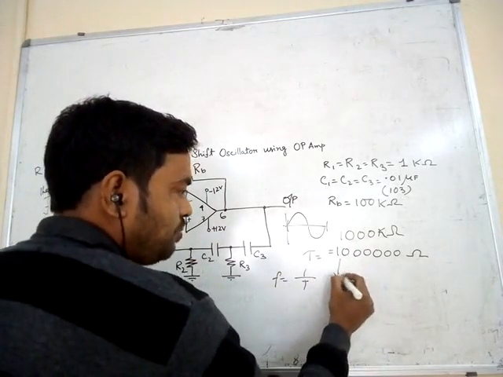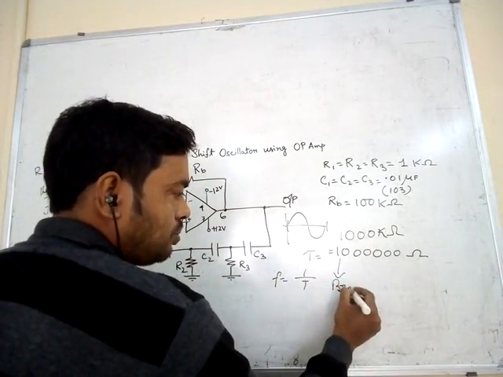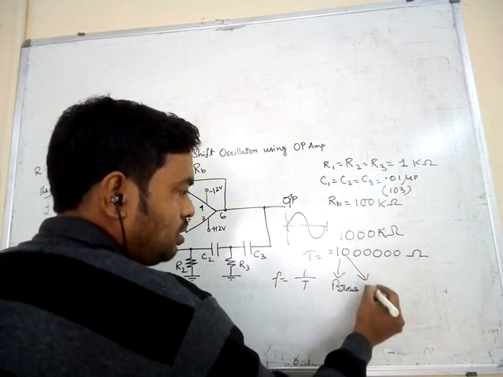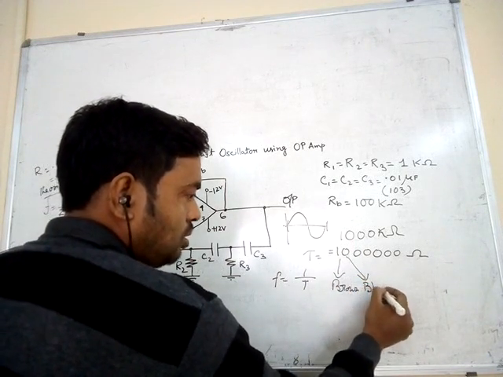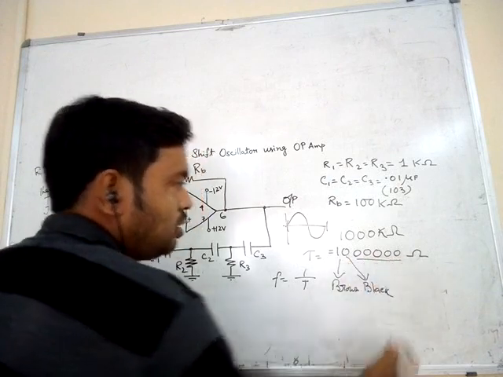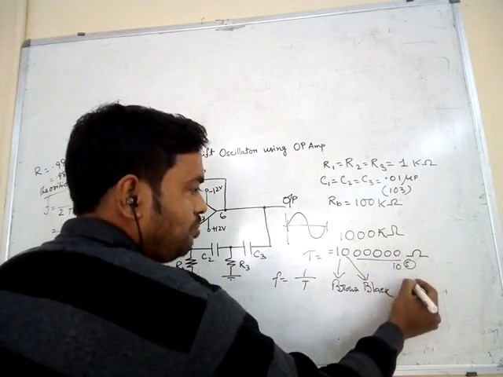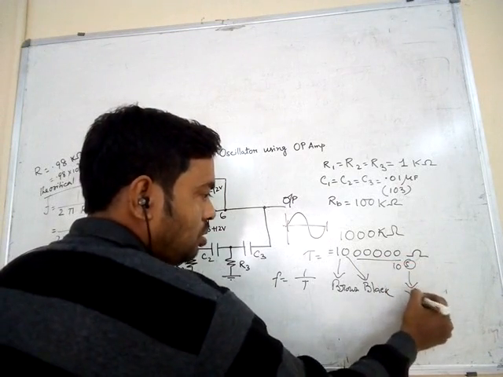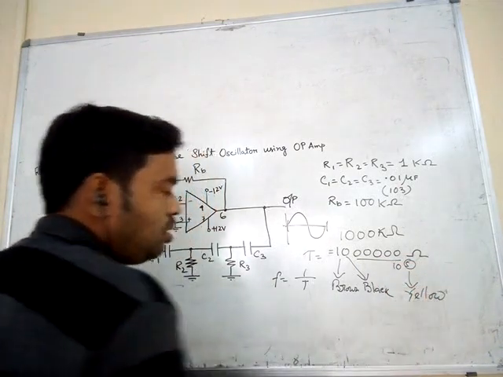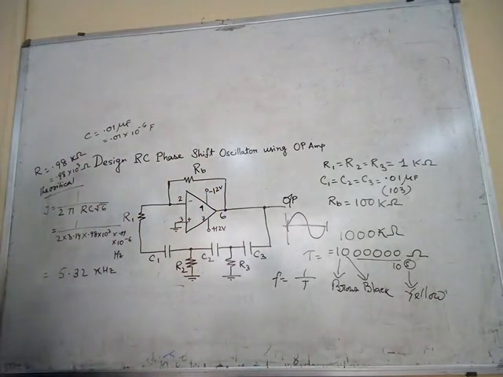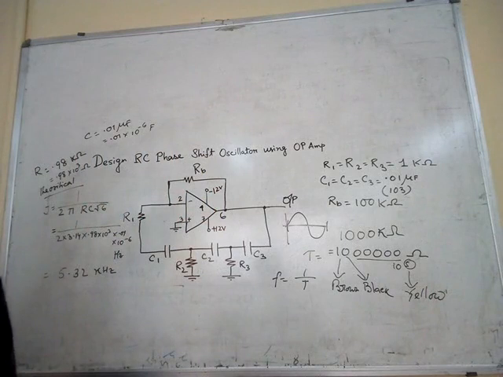So the first band is brown, the second band is black, and there is 10 to the power 5. So 5, we know, is yellow. So the color code will be brown, black and yellow for the 100 kilo ohm resistor.